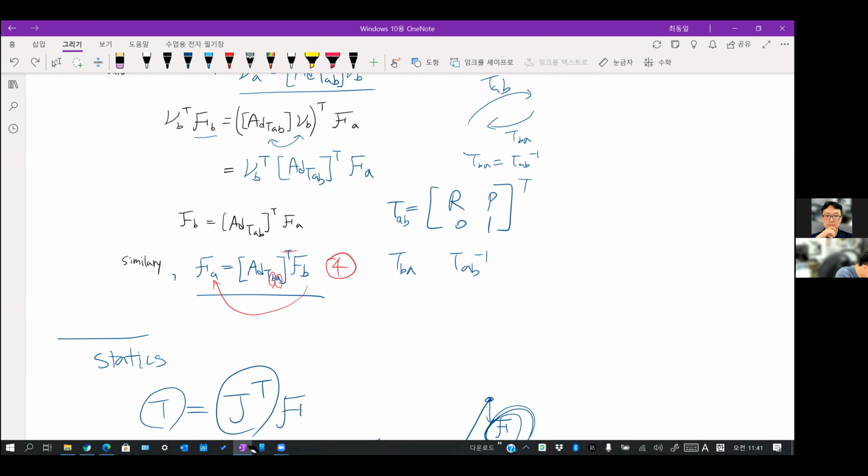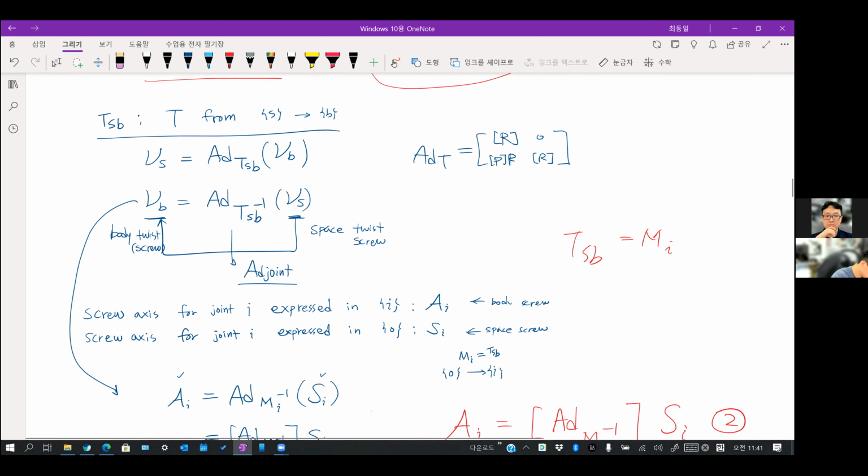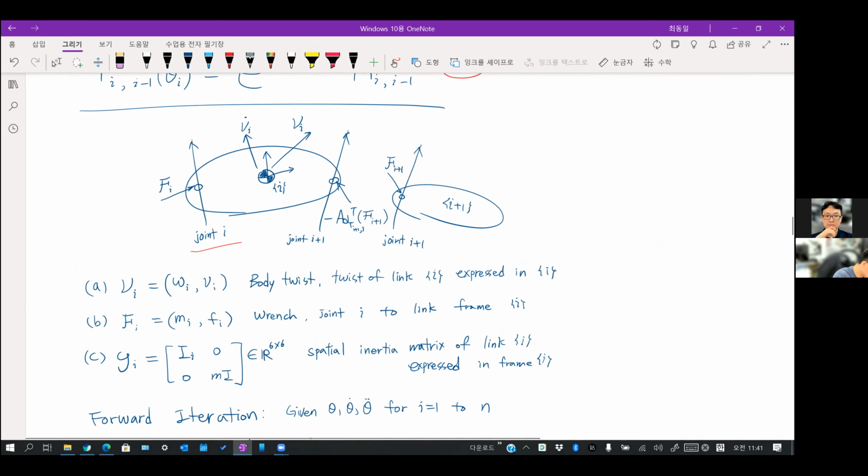So using this relationship, we can construct this relationship. So let me rewrite F_A equals Ad joint T_BA transpose times F_B.